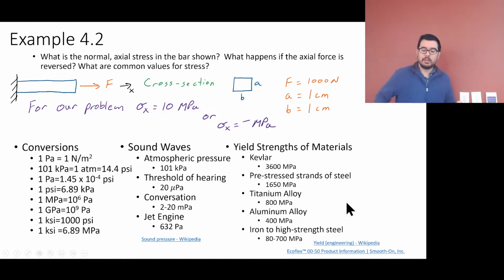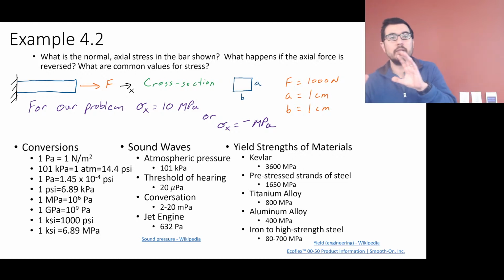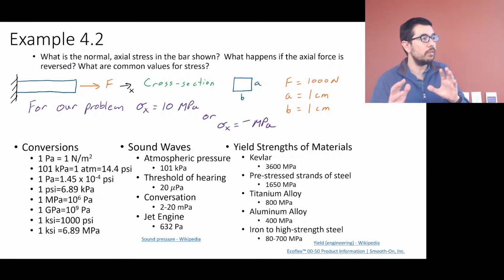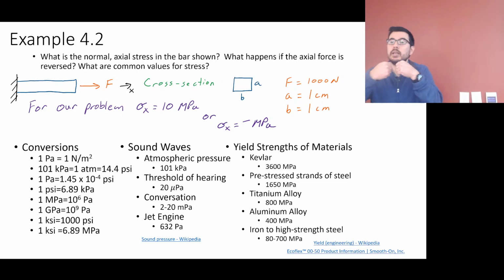Now, our yield strengths of materials, we will cover quite a bit on criteria for failure, for yielding. But for now, if it's normal axial loading and you have just a normal stress, that is often what is being used to test the materials in a lab, and the yield strength they post is the resulting stress when you're pulling a bar apart.